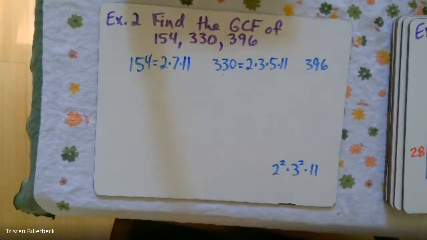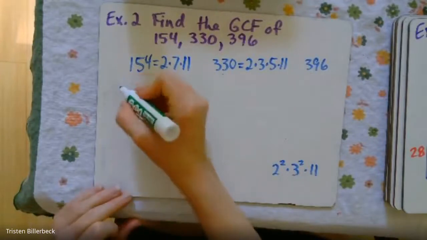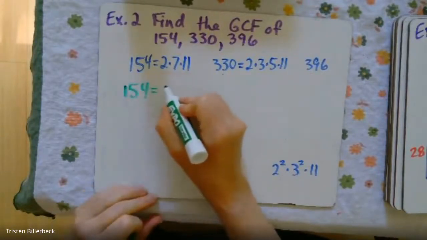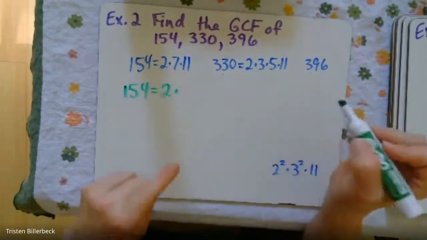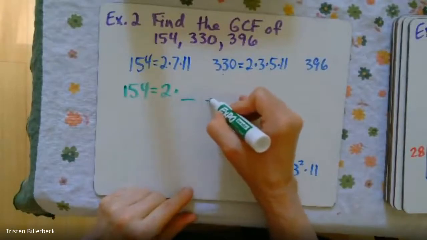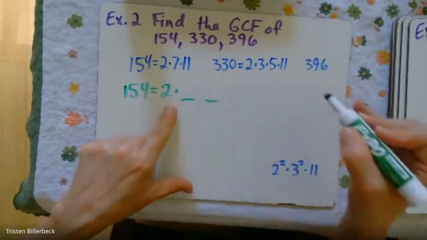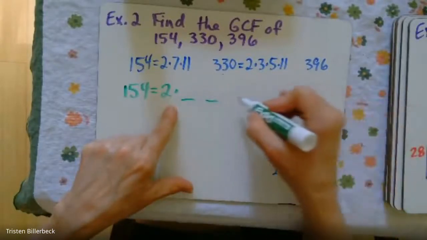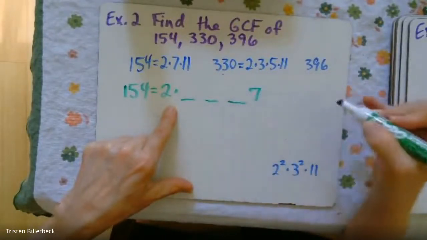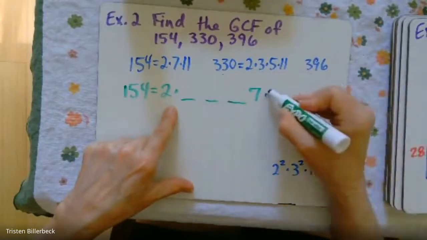So we have 154, and that's 2 times, there's no 3's. We have 2 3's, so let's leave some spots here. And then we have a 5 coming up, so we're going to leave another spot there. We have a 7, and then times 11.